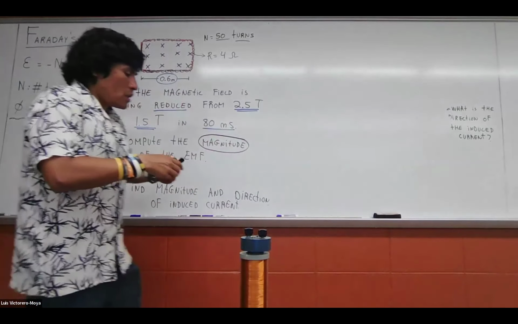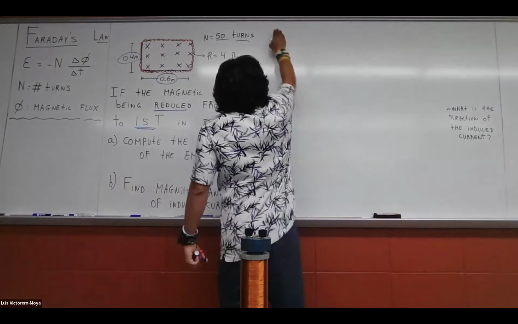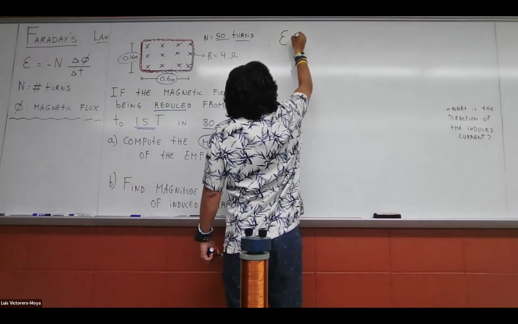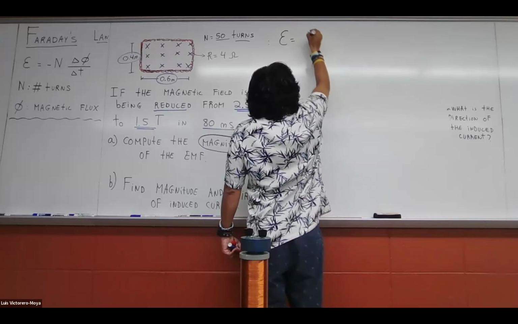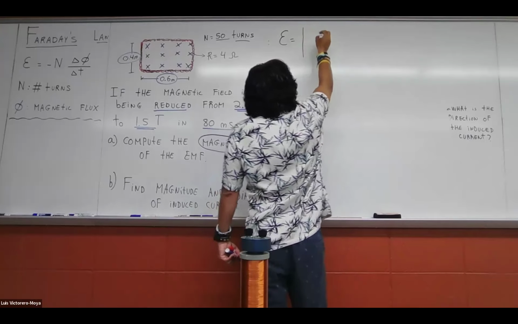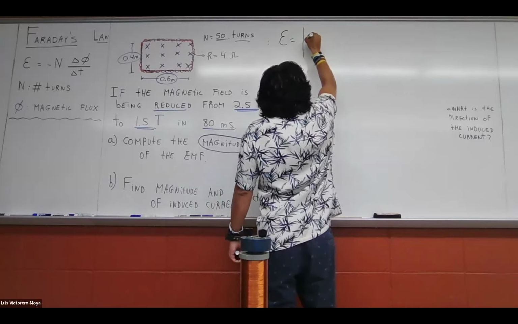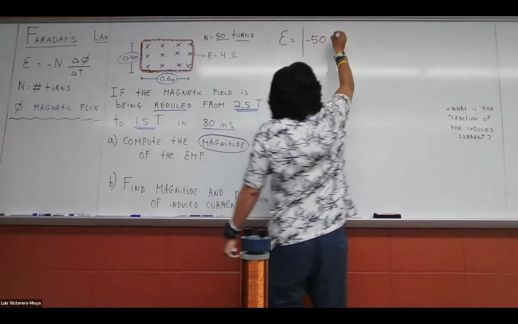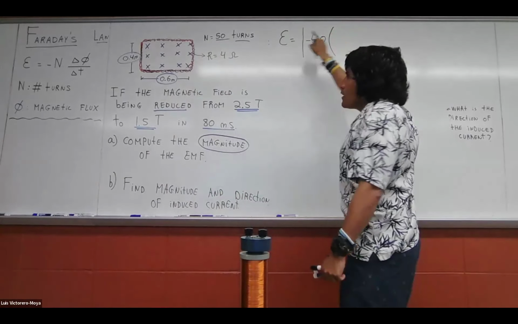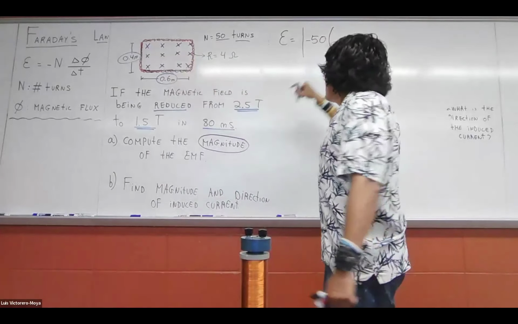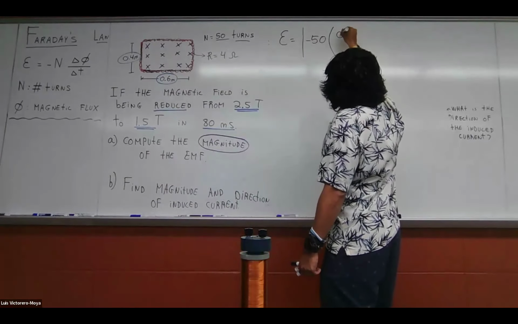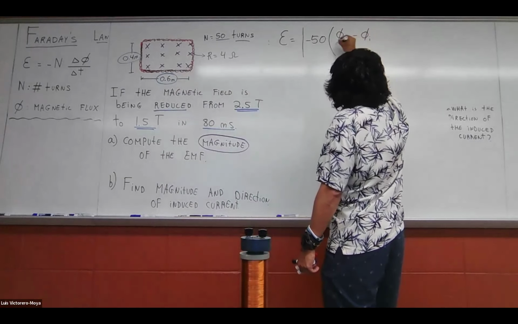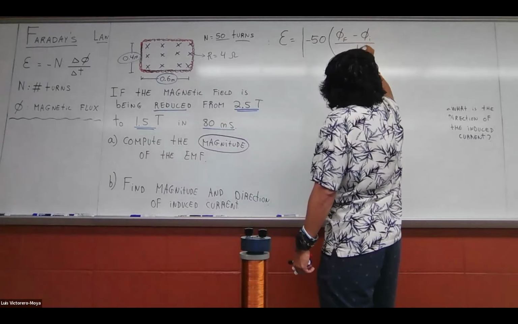So the EMF, which is the E, is the absolute value, magnitude, of negative N times delta flux over delta T. You can write it as flux final minus flux initial over time.